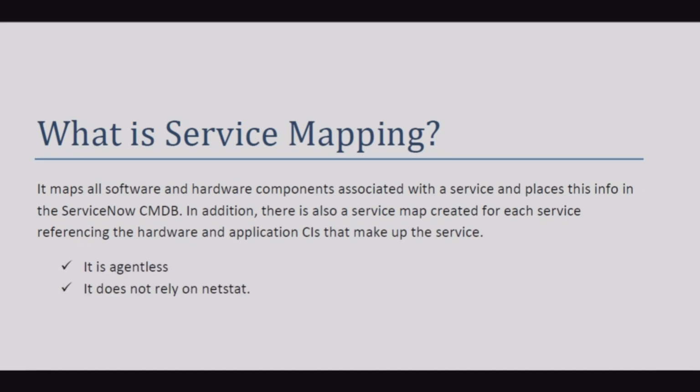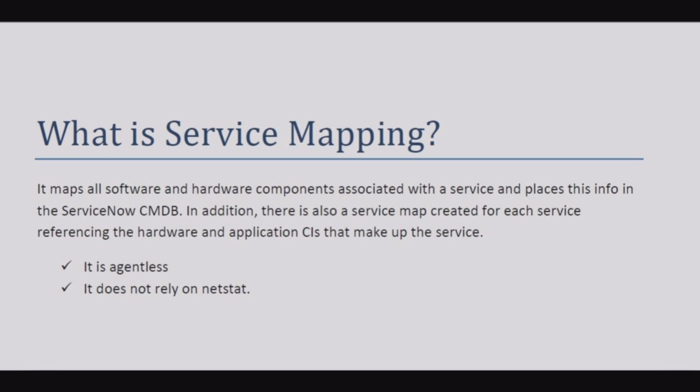So all the software and hardware components associated with a service are placed into the ServiceNow CMDB as a part of this process. Here, there is not only creation and updation of CIs in the configuration management database, but it is all about establishing the connections between those and having that topology stored and associated with a particular service map.